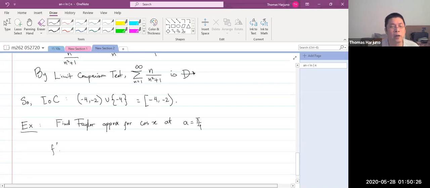Don't forget that f(x) equals f(a) plus f prime(a) over 1 factorial times (x minus a) plus f double prime(a) over 2 factorial times (x minus a) squared, and so on and so forth.